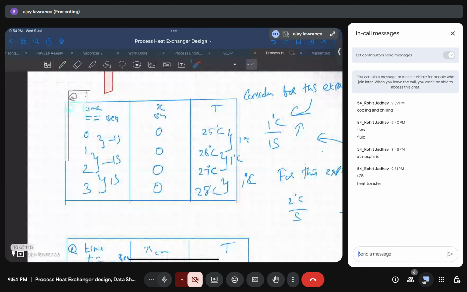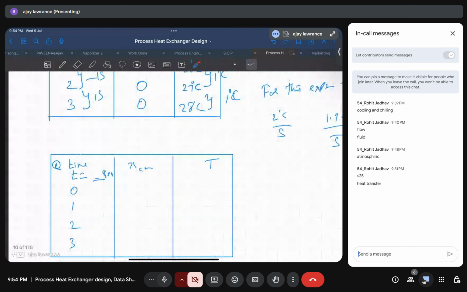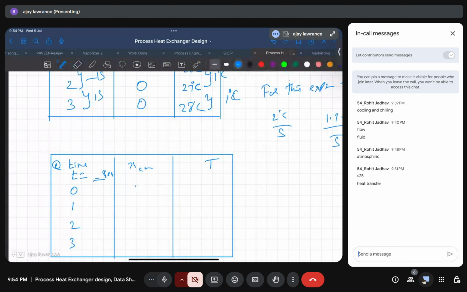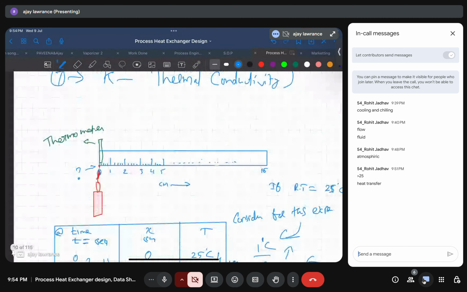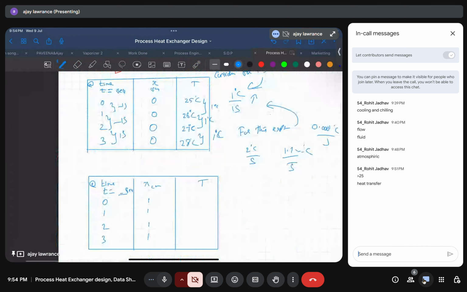Here we had taken x equal to 0 centimeter, at 0 second, 1 second, 2 second. But for table 2 we are taking point number 1, that is 1 centimeter. Now answer how the temperature would be.